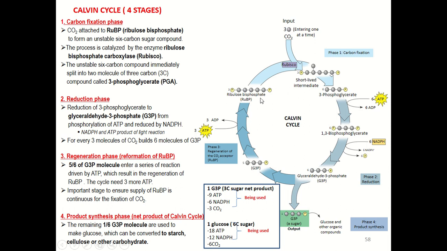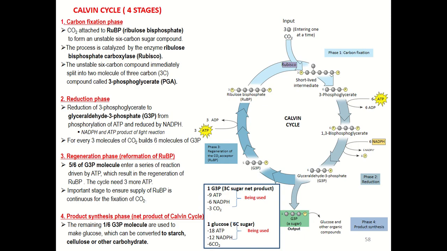So the important stage is to ensure the supply of ribulose biphosphate is continuous to fix the carbon dioxide that enters the Calvin cycle. And last, the product synthesis phase here. So just now, 5 molecules of G3P go to the regeneration phase, and only 1 glyceraldehyde 3-phosphate molecule is used to make glucose, which later will be converted into starch, cellulose, or other carbohydrates.